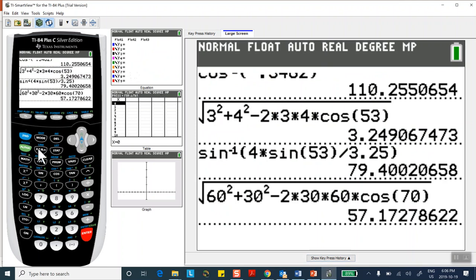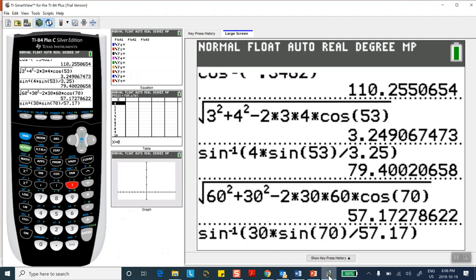So we have second function, sine inverse of 30 times sine of 70 degrees, close the parentheses, divided by 57.17.